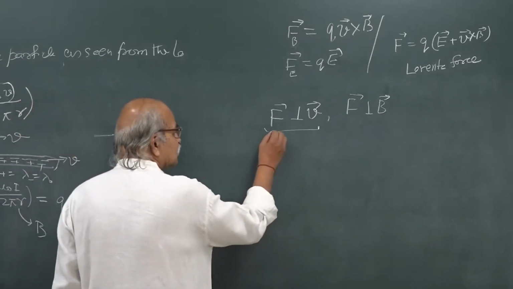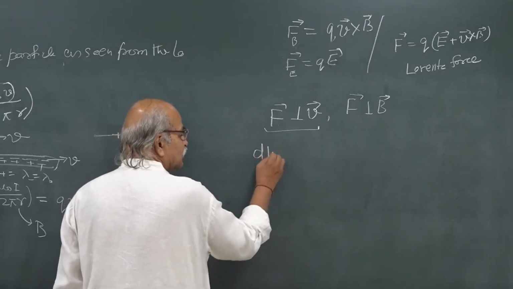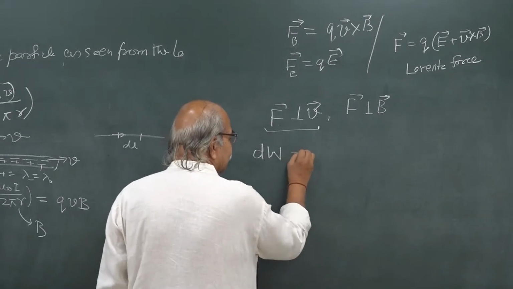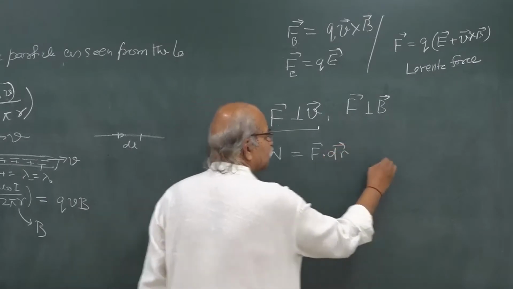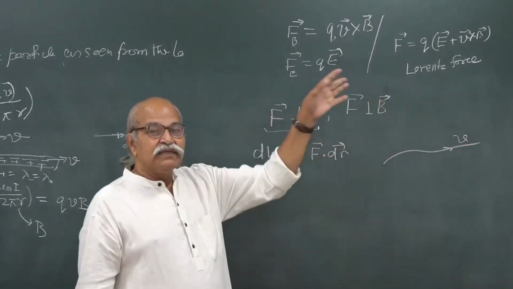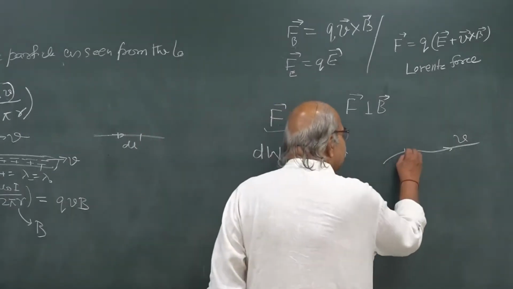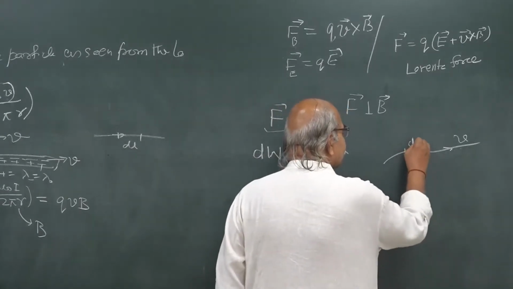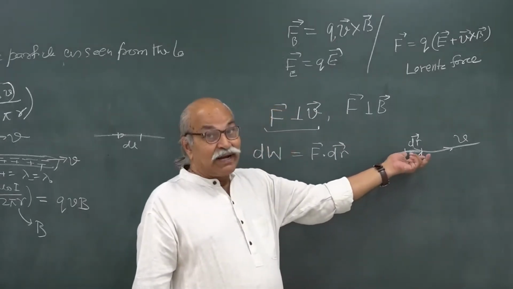consequence, because you know that the work done by a force in a small time interval dt is given by F dot dr. So, if you have a particle which is moving on this path and there is a force on it, then in any time dt when it goes from here to here, this is that dr, and in this time interval, how much is the work done by that force?